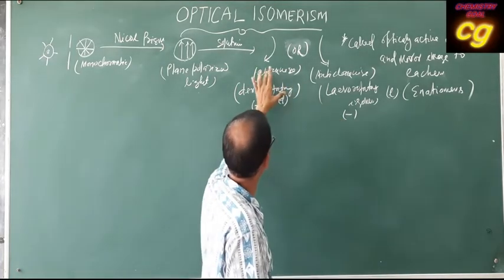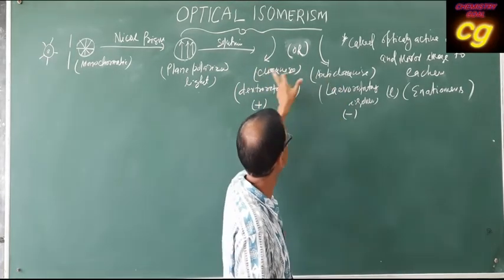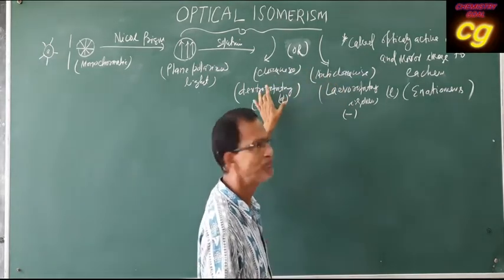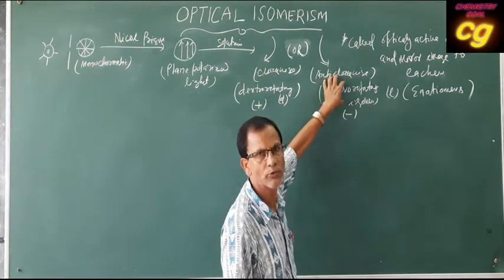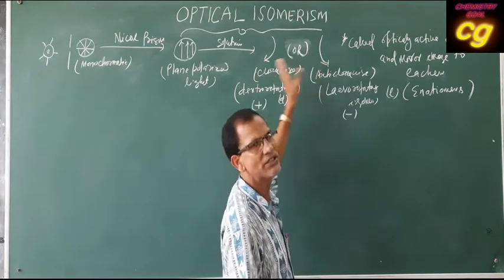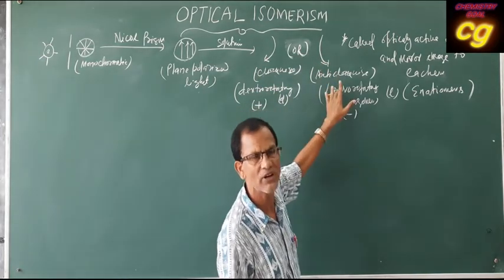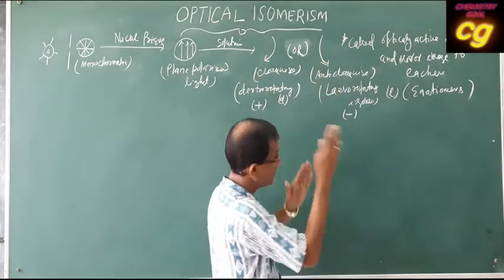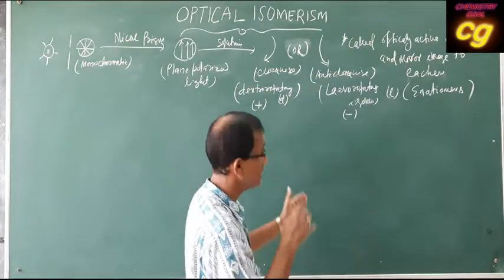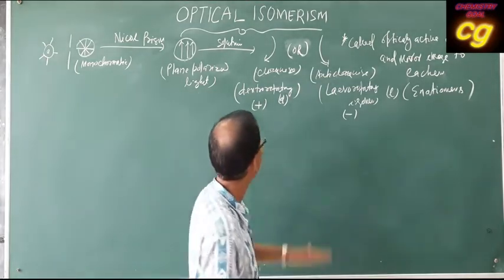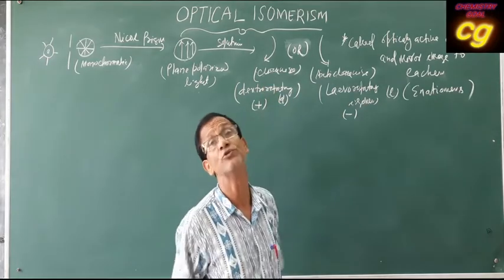That's why, for clockwise and anti-clockwise rotation of these two isomers, both are optically active because one rotates clockwise and the other anti-clockwise. But if you see their arrangement, it is just a mirror image of each other.